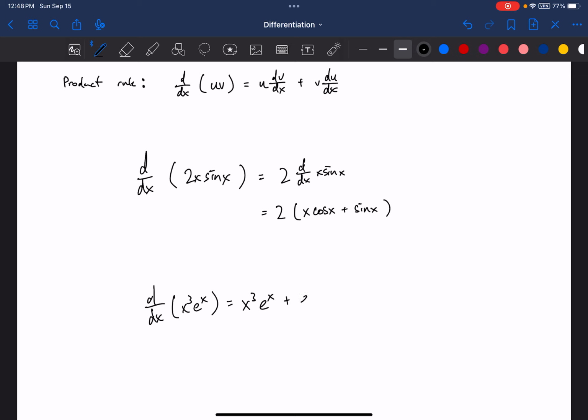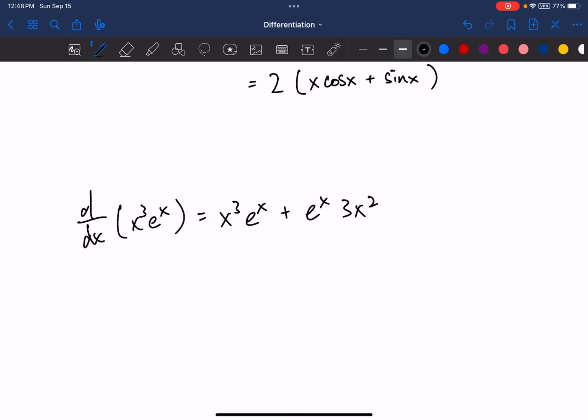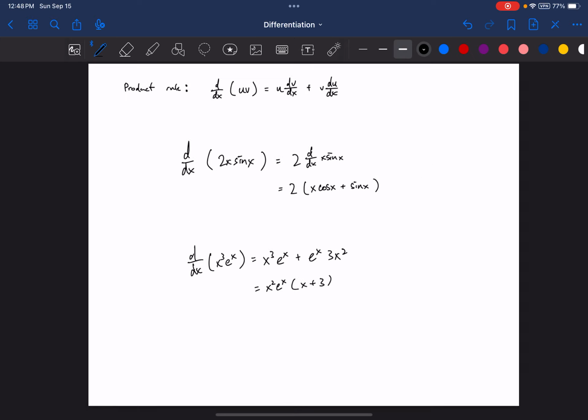This plus e to the x, and take 3 down, and then 3 minus 1 is 2. And you can simplify this further. So I would take x squared and then e to the x out. This will be x plus 3. Yes. Okay.